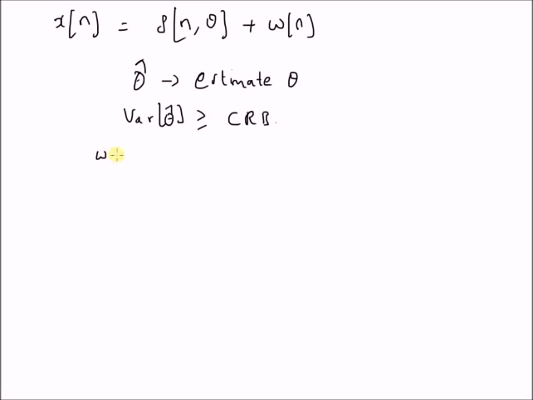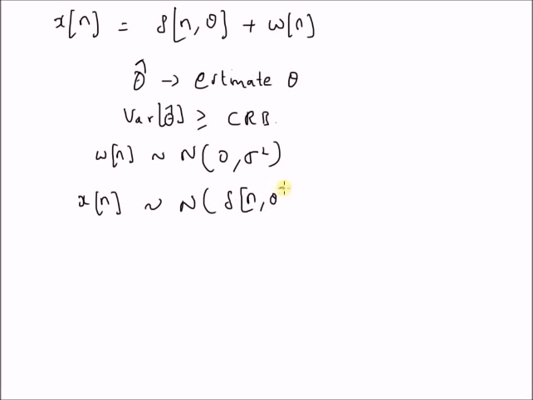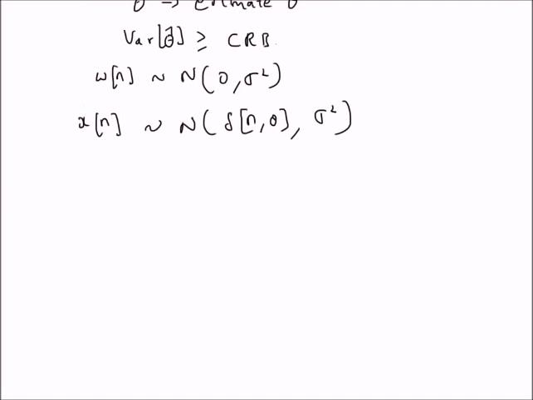So given the information that the noise is Gaussian with mean equal to 0 and variance equal to sigma square, then the model for the measurement x of n is Gaussian with mean equal to the signal, that is s of n comma theta, and variance equal to sigma square. So given this model, we want to find the CRB on the estimated theta hat.